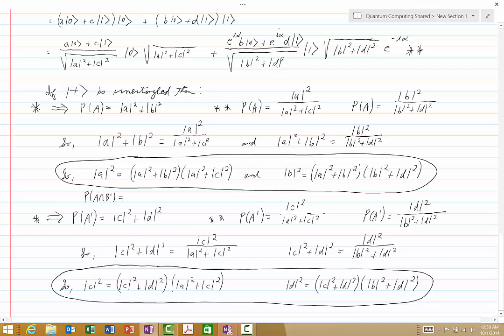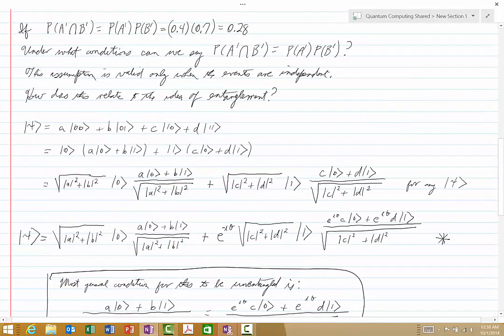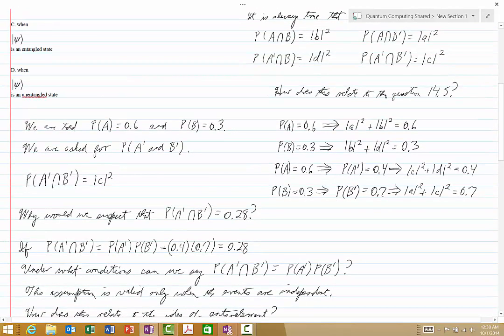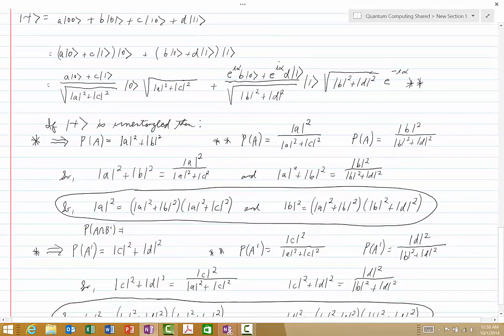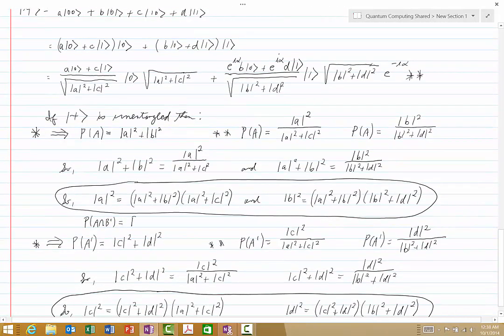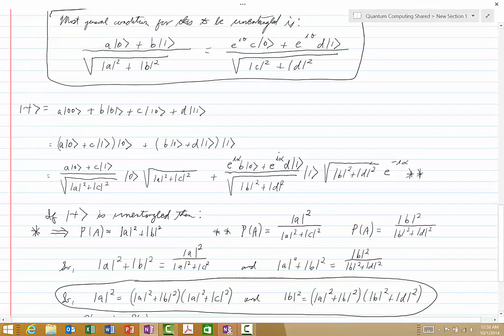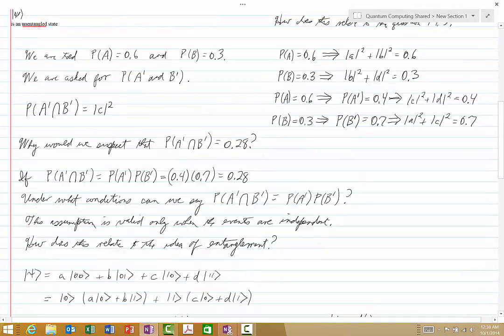Now, what about magnitude of A squared plus magnitude of B squared? Well, scrolling up, magnitude of A squared plus magnitude of B squared, that's P of A. So we come down here, P of A. And what about magnitude of A squared plus magnitude of C squared? Scroll up.